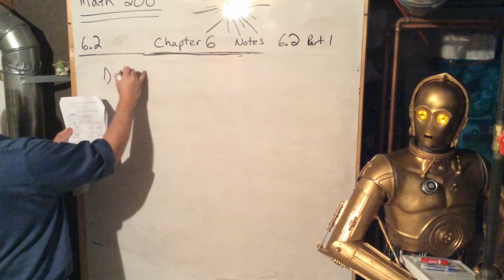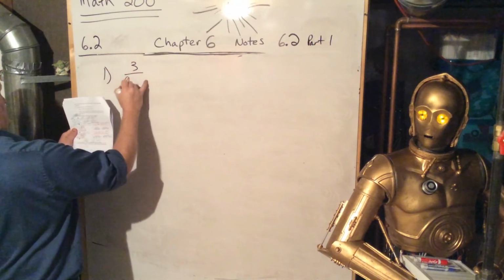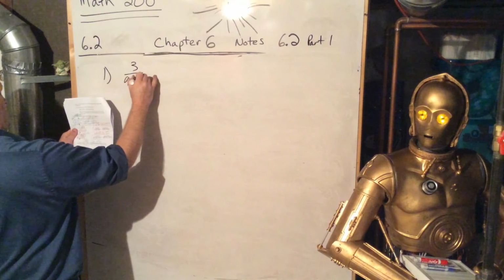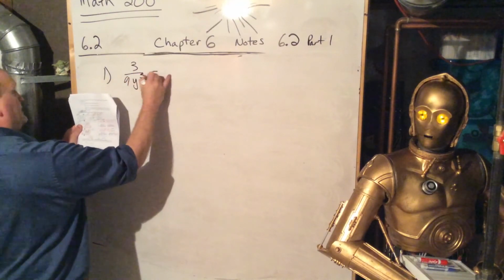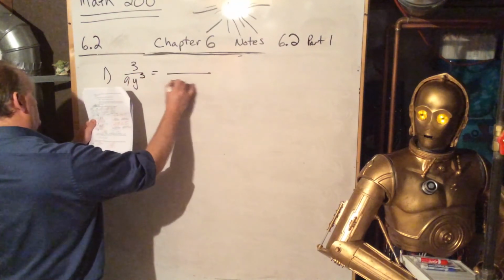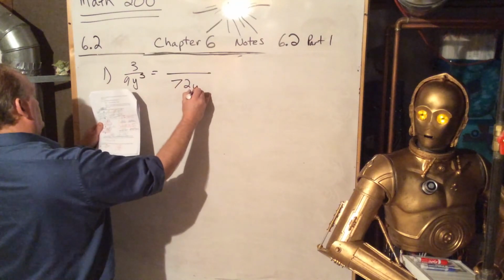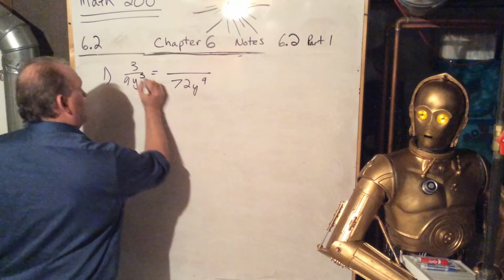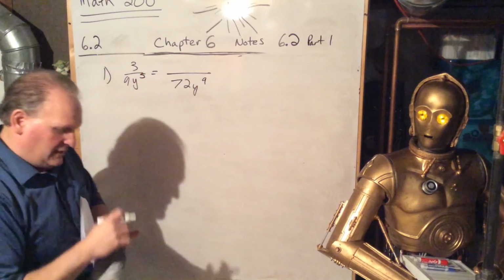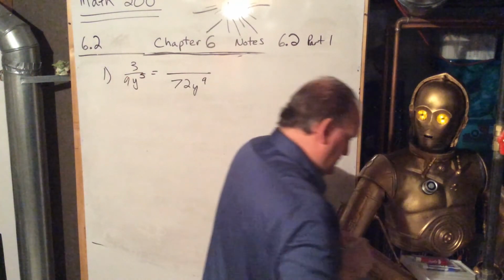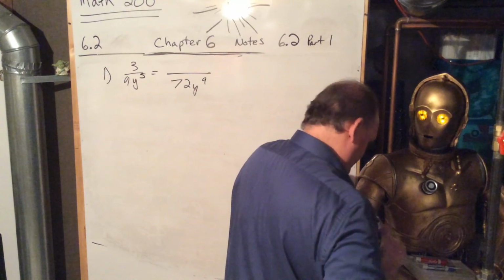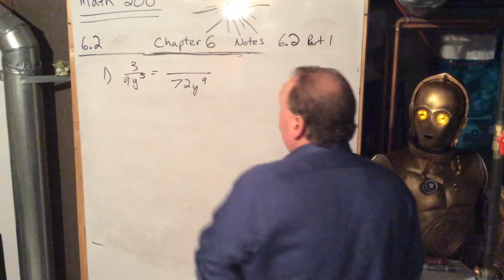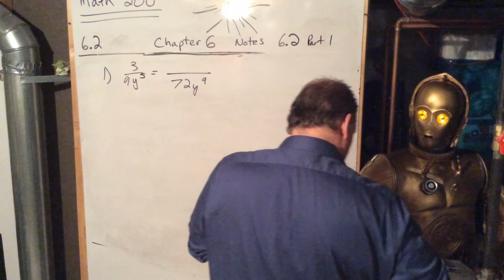So last one, 3 over 9y to the 5th is equal to what over 72y to the 9th. Ooh. All right, so basically what you do here is you ask yourself, what do I multiply 9 by to get 72?